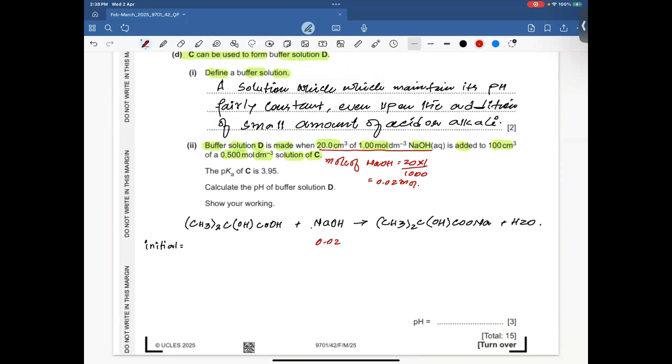Now using this value, I can find the moles of acid. Moles of solution C is 100 into 0.5 divided by 1000. So it's going to be 0.05 moles.